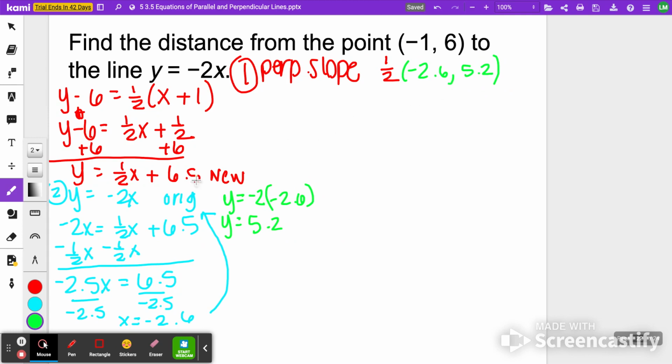Now I'm ready to do my distance, and this is going to be my step 3. x2 minus x1, y2 minus y1. So let's say negative 1 is my x2 minus x1, y2 minus y1.